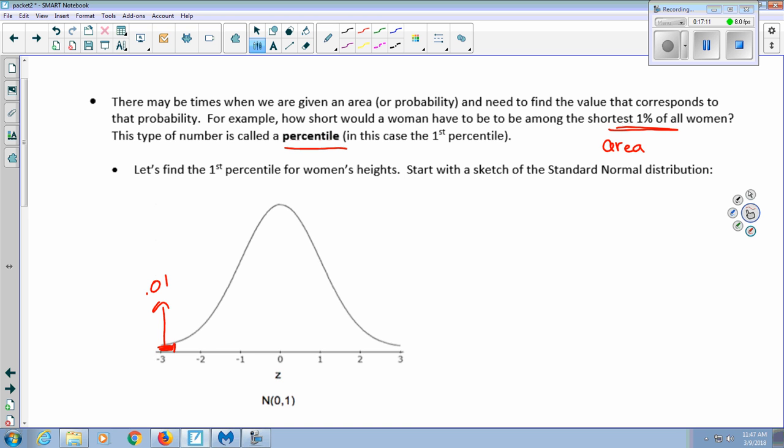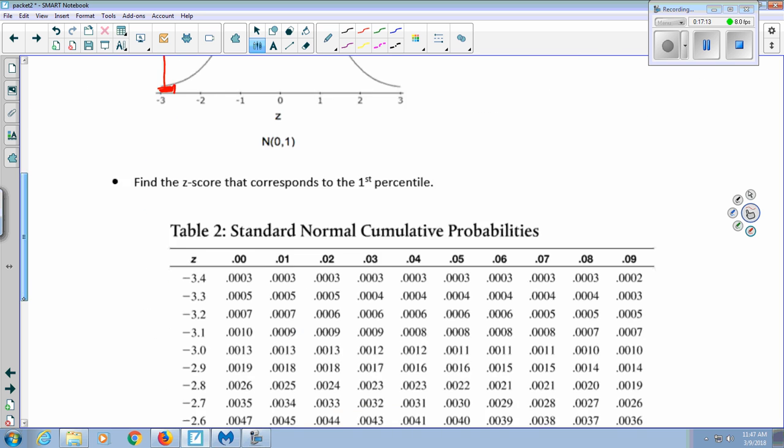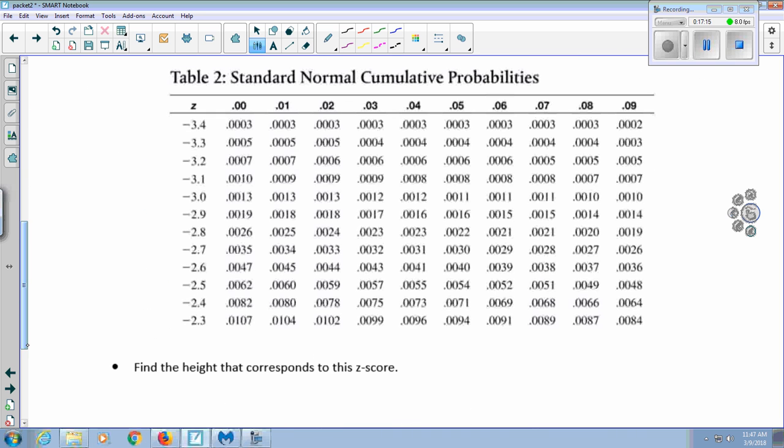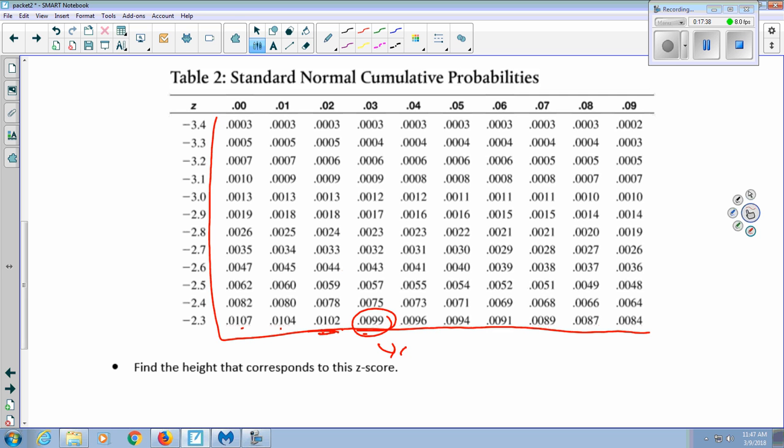We can do that by looking on the inside of the table. Remember, the outside is my z-score. The inside, these are my areas. So let's look for 0.01. Okay, I'm getting really close. I have 0.012... there. 0.0102 and 0.0099. So this is the closest, so we can use this number.